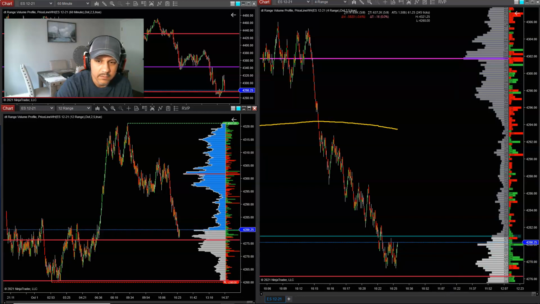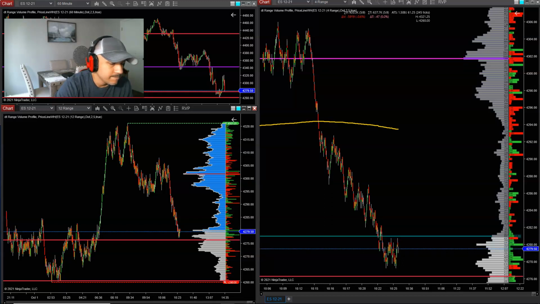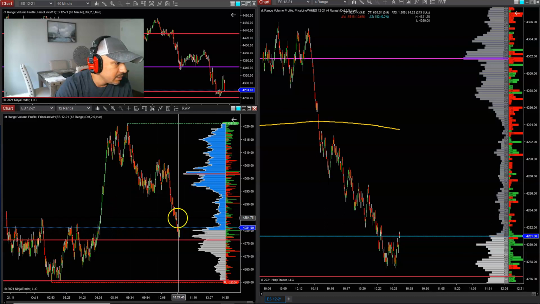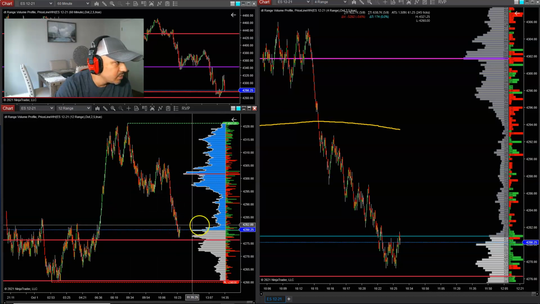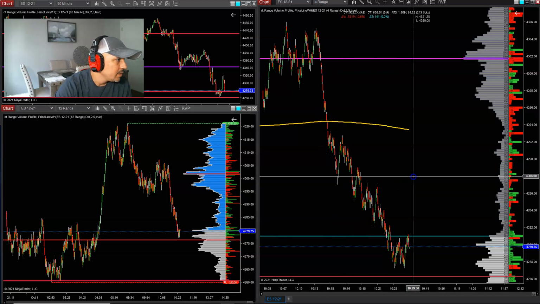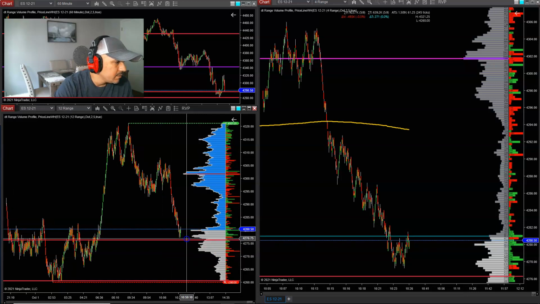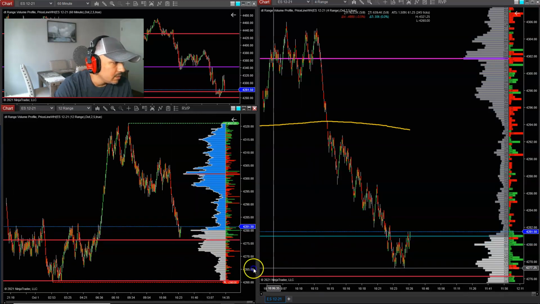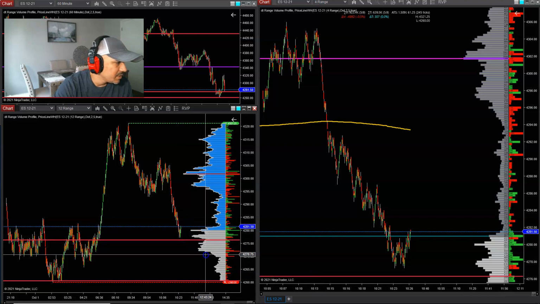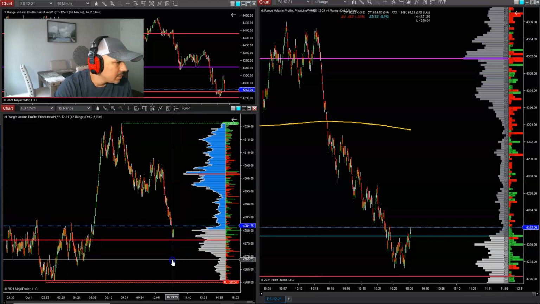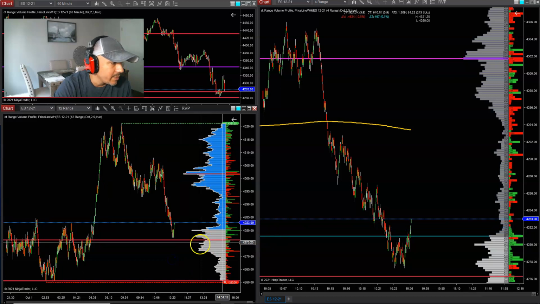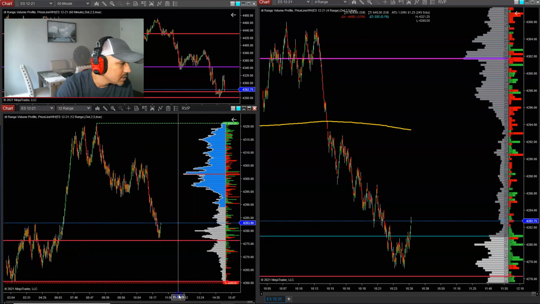Be careful here though. Yeah, it's gonna test this area right here at 42.82. Okay, I want to see it come lower though. It can bounce here and then continue pushing upwards, but I like to take my trades from the lower end, and we're kind of dead smack in the middle of a high volume area here. So let's just be patient and wait.